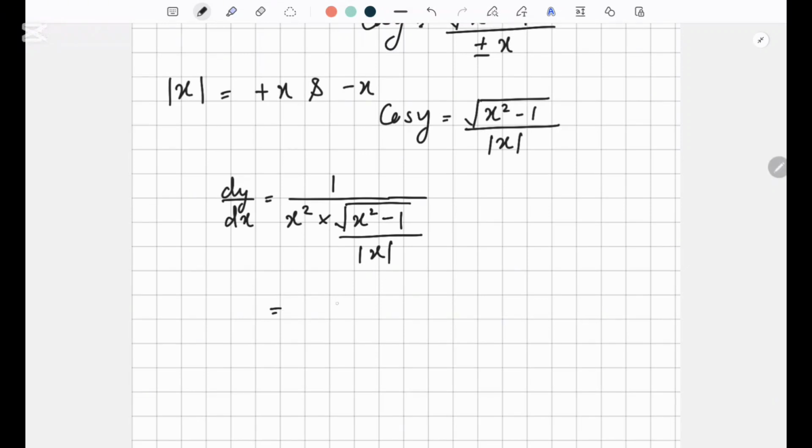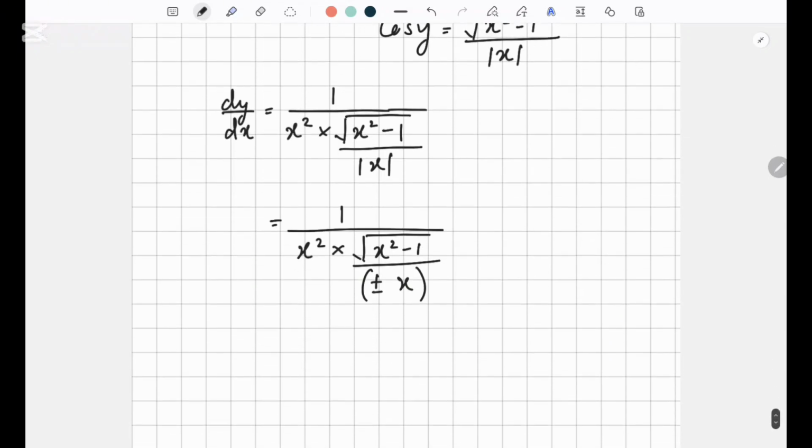So you could write 1 over x squared into root x squared minus 1 over plus or minus x. There are two ways. You can either take it to the top, the numerator, and leave that as your final answer. But you can simplify it further if you want, like this.